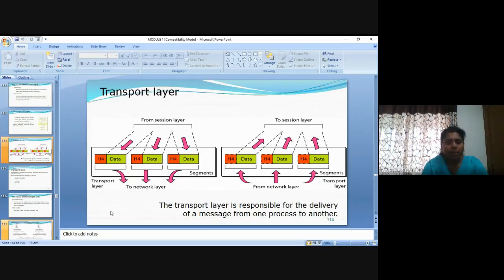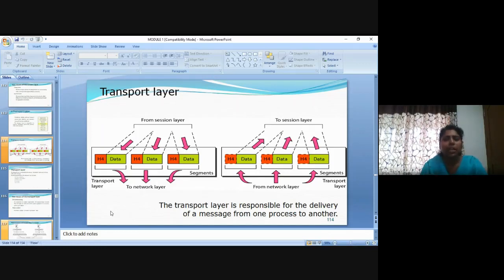The port number helps to direct each segment to the correct application. The sequence number helps to reassemble the segments in correct order so that the receiver can read the correct message. So this is the first duty of the transport layer.